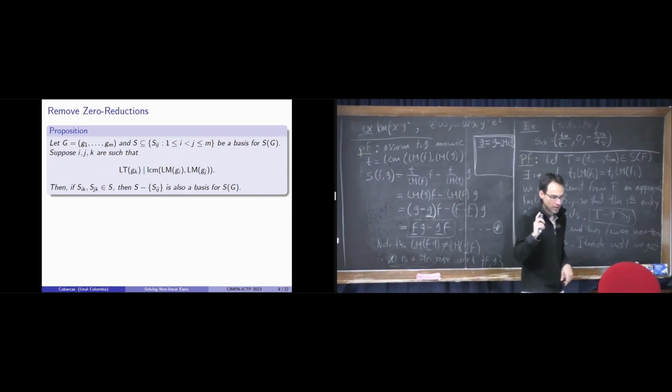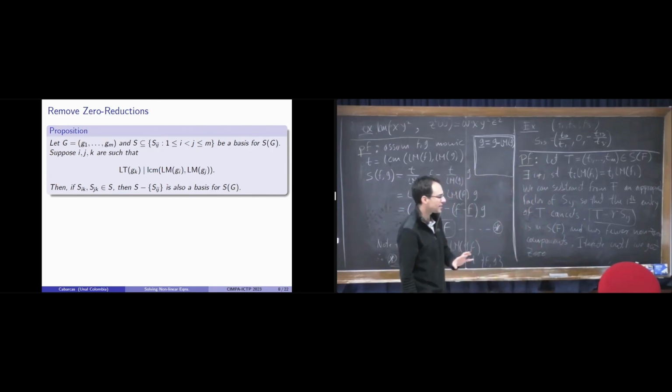And so here I'm going to introduce a second criterion for redundant S polynomials. This one says the following: let G be the m-tuple G1 through Gm, and let S be a subset of these Sij's.